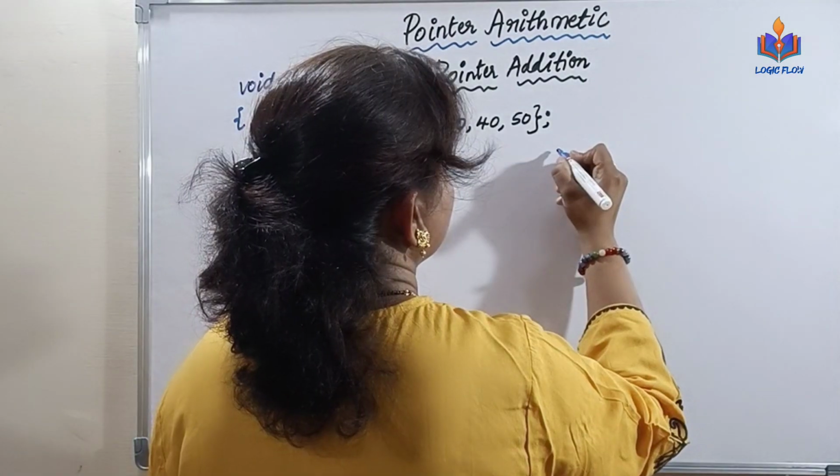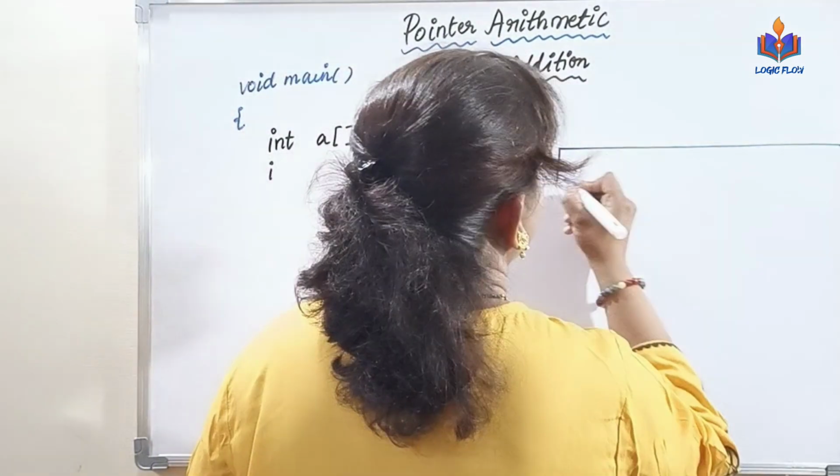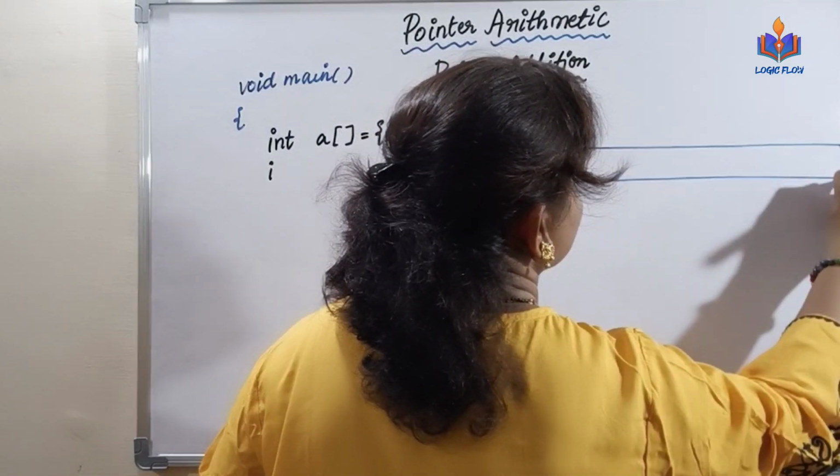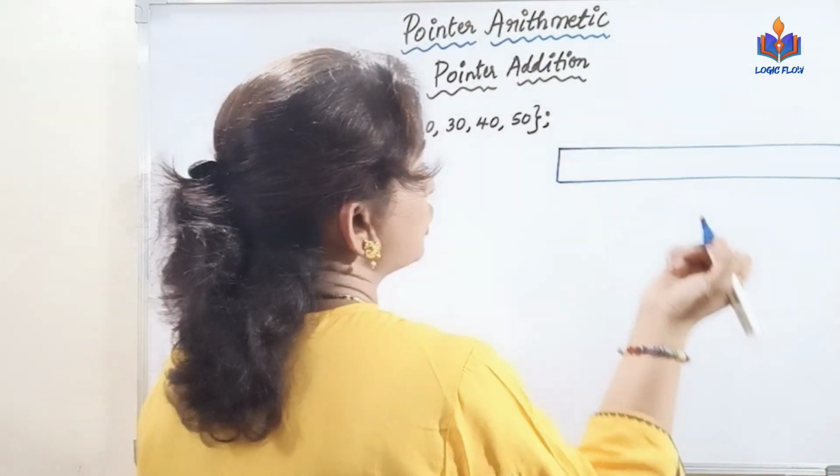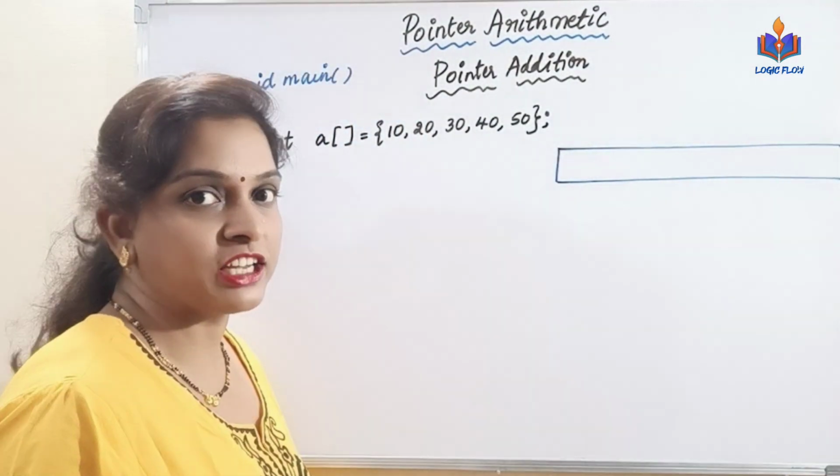Let us take the 32-bit machine representation. So it is 4 bytes for an integer value.